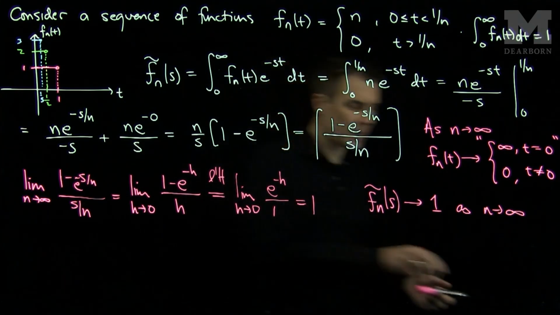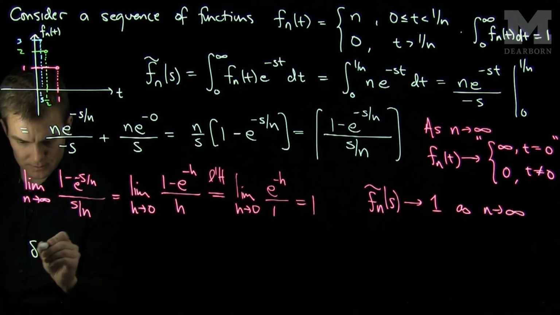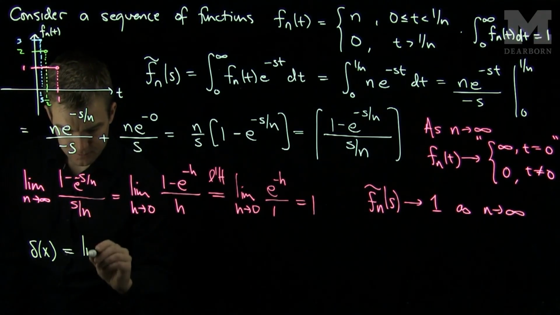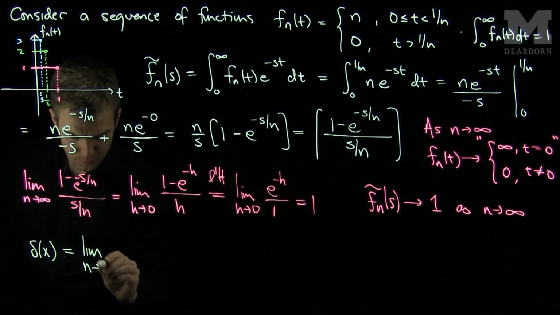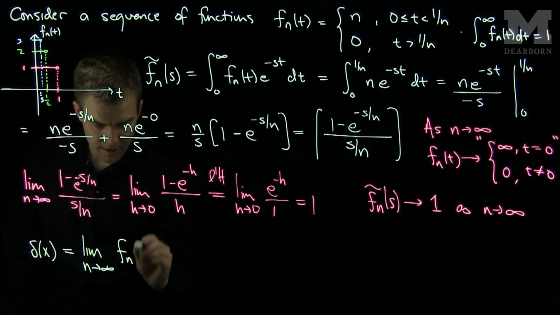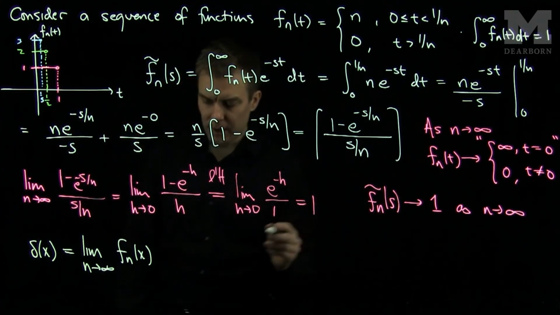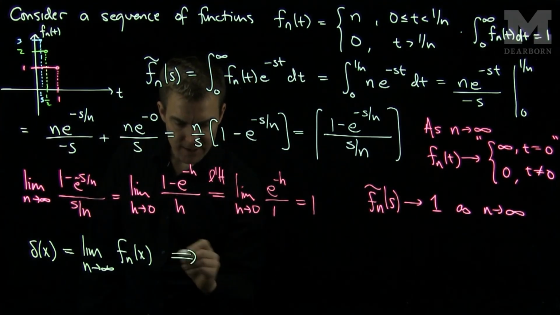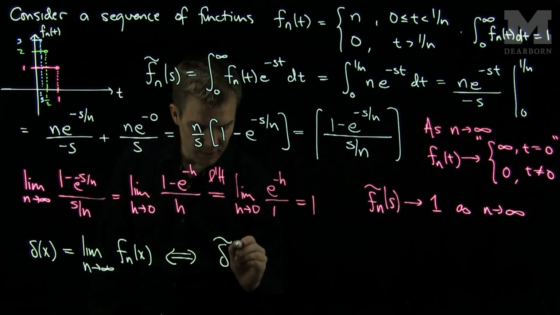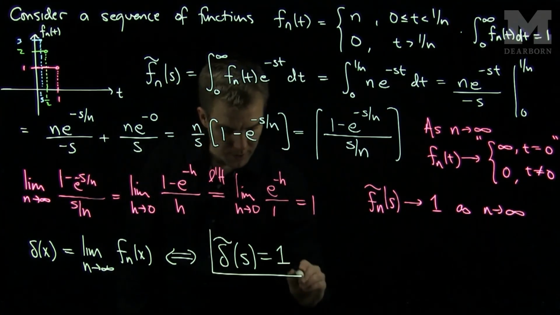And this allows us to define the delta function. So delta of x is the limit as n approaches infinity of fn of x. And from this property over here, we can define it equivalently as saying that the Laplace transform of delta as a function of s is equal to 1.